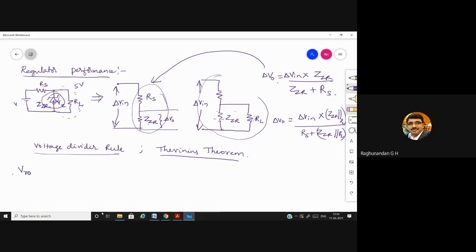VR indicates ripple voltage, O indicates output. Can I write it as VRO, output ripple voltage? In other words, can delta V naught be called output ripple voltage? Since it has delta, what does this delta indicate? Change. When will you have change? If you have DC, will you have any change?